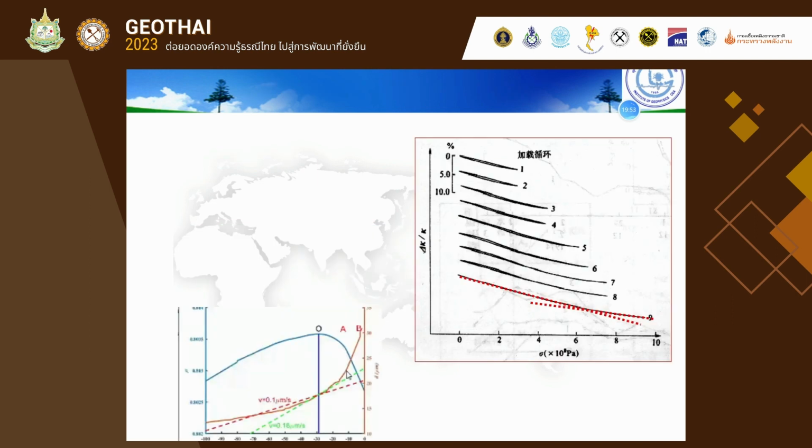This is a result from the laboratory, where we use a machine to push the rock, and we measure the pressure and the susceptibility. You can think of this y-axis as the source field magnetic field. When pressure is in a high condition, the variation rate of the source field magnetic field becomes less, and at lower pressure, the variation rate is higher.